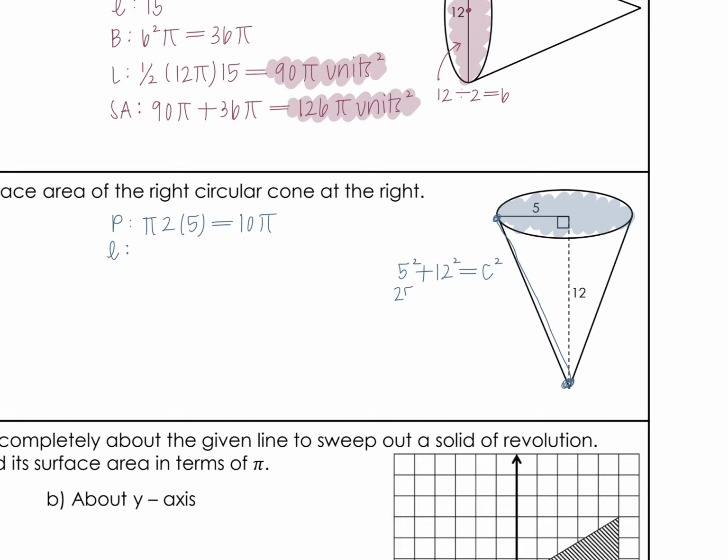When you square everything, you'll get 25 plus 144 is equal to c squared. And so I'm going to add those two together to get 169, take the square root, and it's equal to my c. And therefore, my slant height is going to be 13.